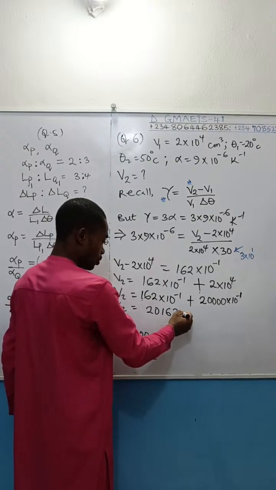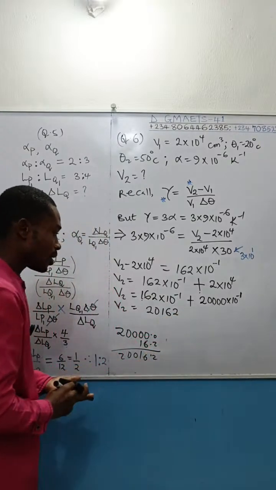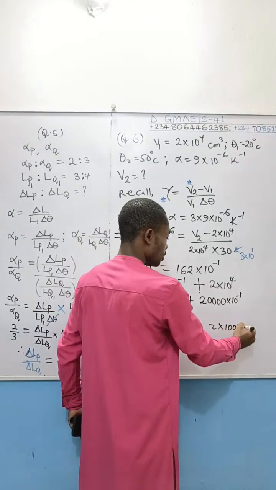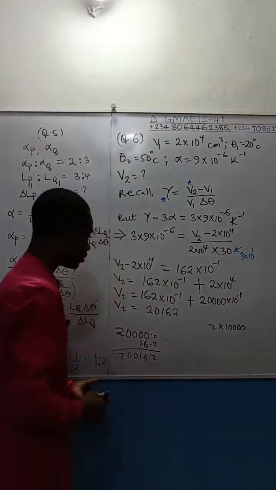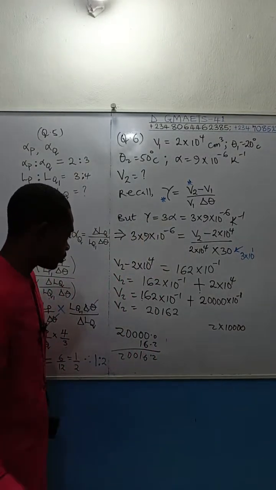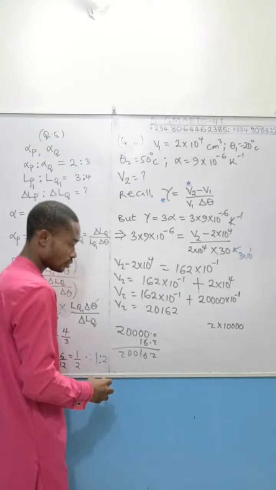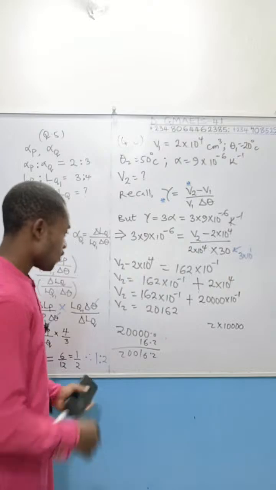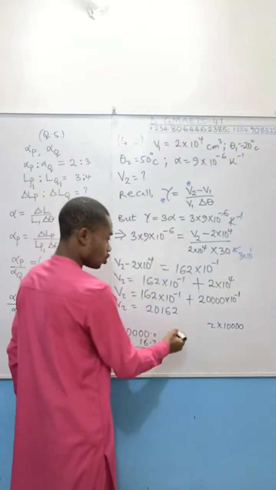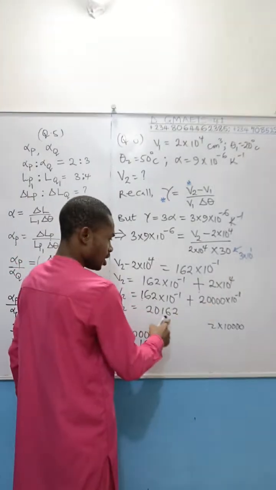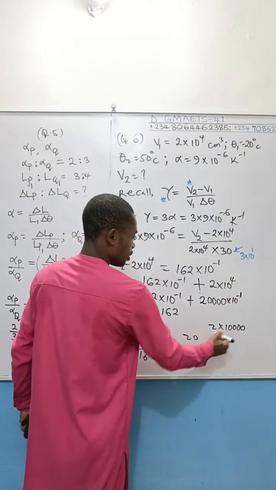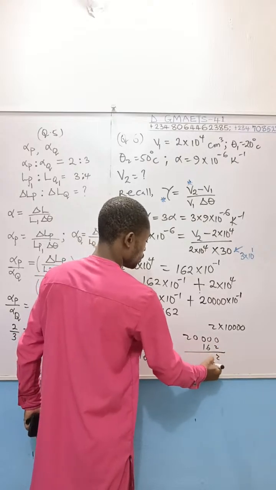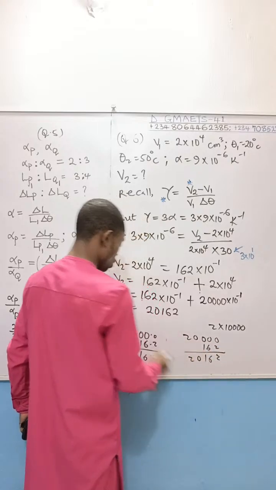This guy is 2 times 10,000. So our V2 will now be adding this and this: 20,000 and 162, which is 20,162.